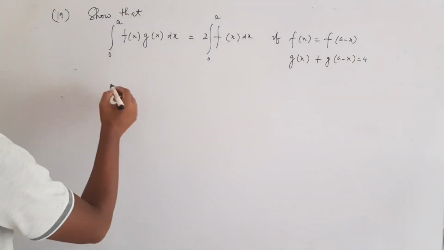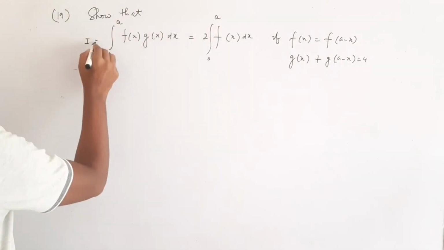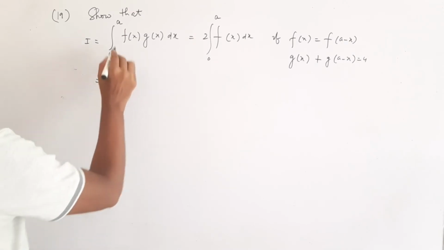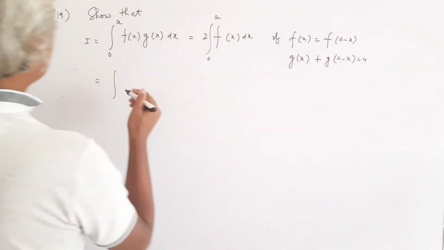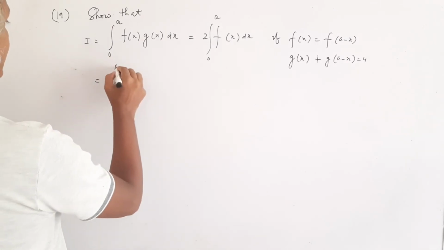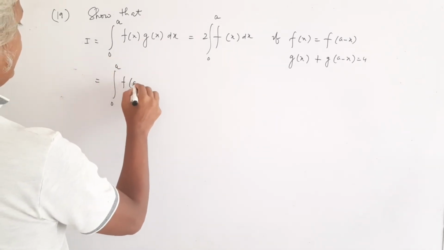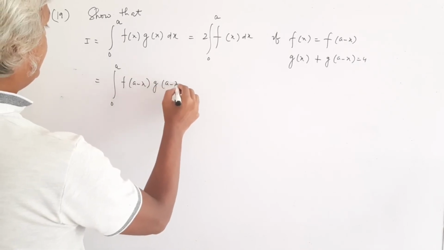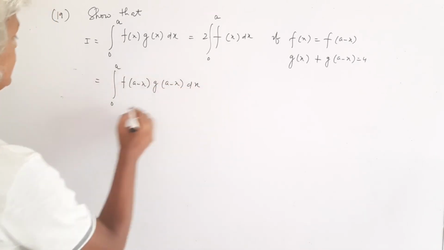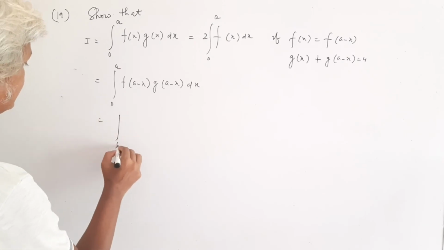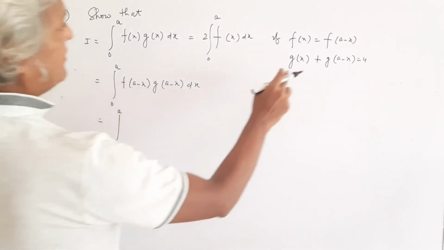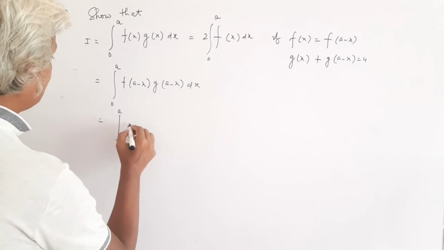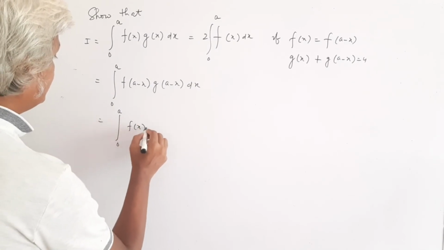So I start with this, then I use property 5, so that at least I can have a minus x here. So 0 to a f of a minus x and g of a minus x dx. Now f of a minus x is f(x), so at the place of this you write f(x).